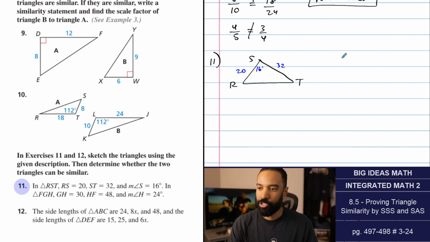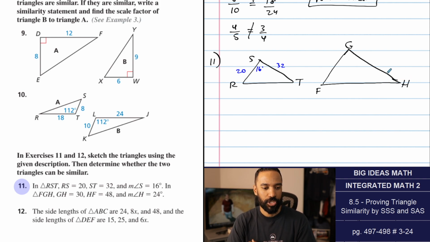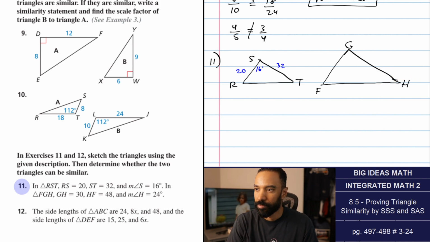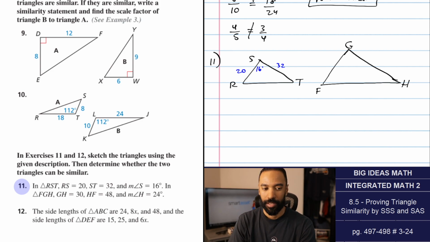In triangle FGH, I'll at least draw this one bigger. I'm going to change the letters. I thought they were going to say RST is similar to FGH.